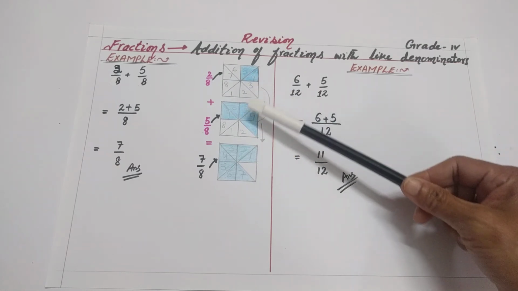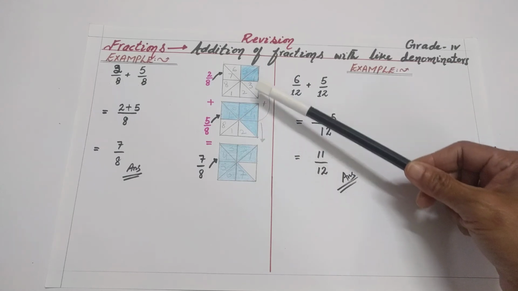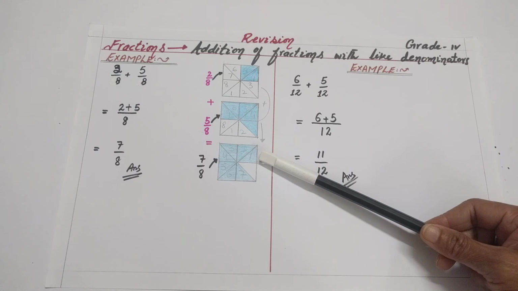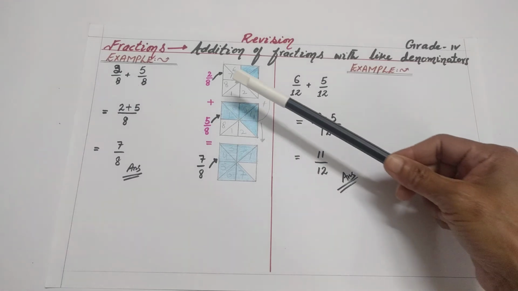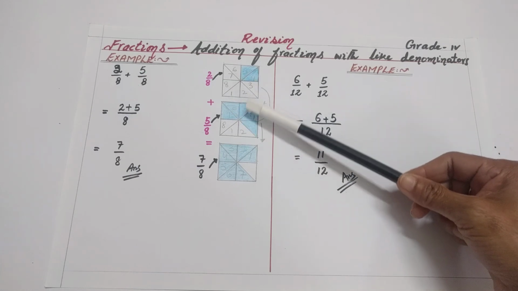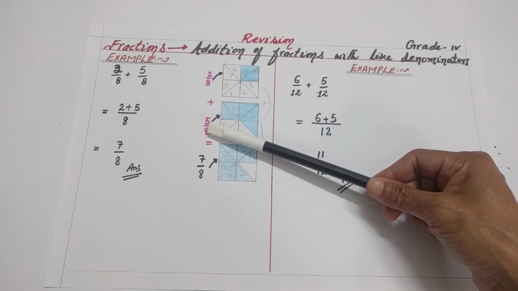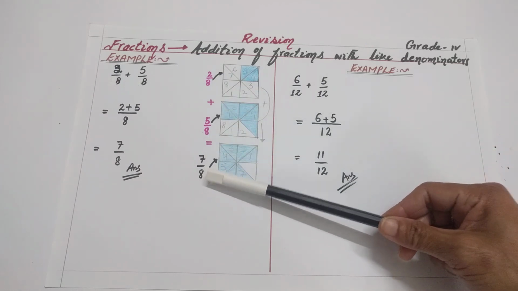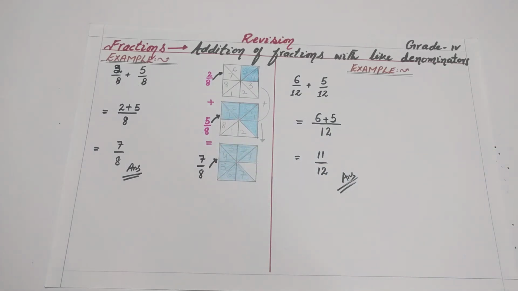That's why we can collect the shaded parts directly, because in both shapes we have the same denominator, same equal parts. So 8 is the same denominator, so we take it as a common denominator, and common denominator means we use a common number only once.